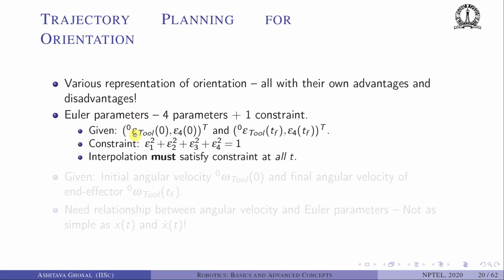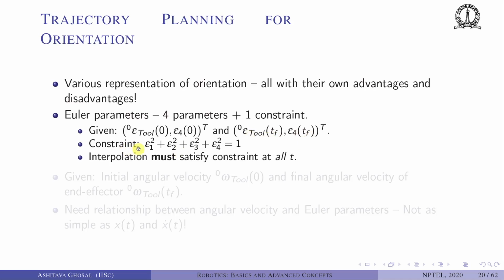So we have epsilon 1, epsilon 2, epsilon 3 in the zeroth coordinate system, and a scalar epsilon 4. So what are we given? We are given this vector at t equals 0, epsilon 4 also at t equals 0, and likewise this vector at tf and epsilon 4 at tf.